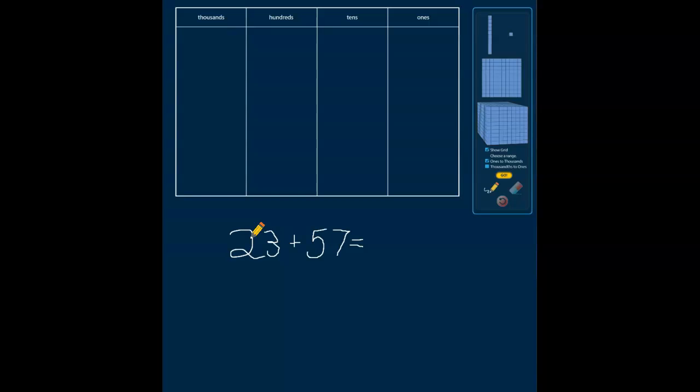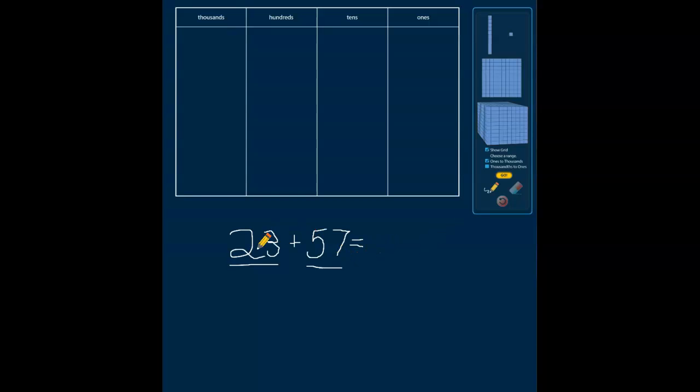The answer is yes, I can move them. In addition, we have something called the commutative property, which means that basically I can have my numbers travel. They can commute. I could move 57 first and add 23, or I could have 23 and add 57. So it doesn't matter what order your numbers are in when you are adding, okay?